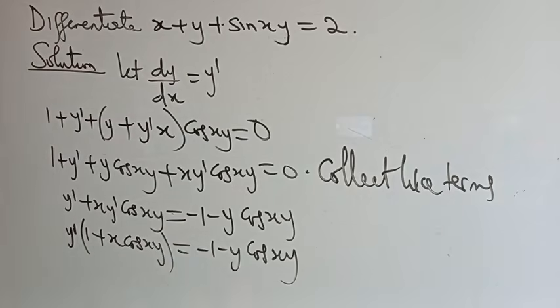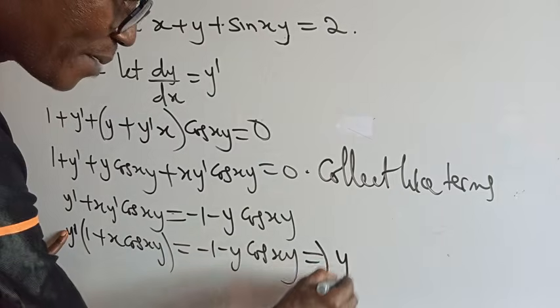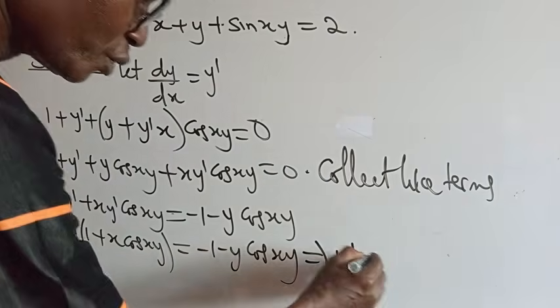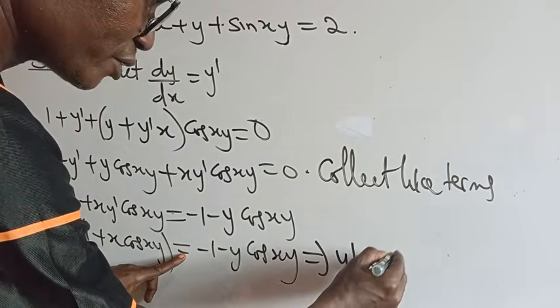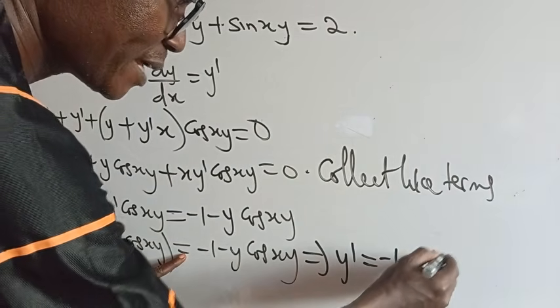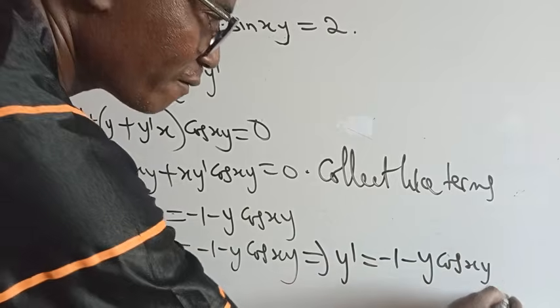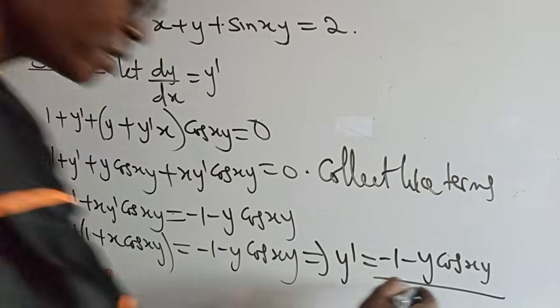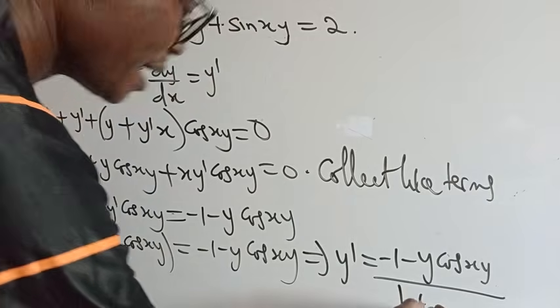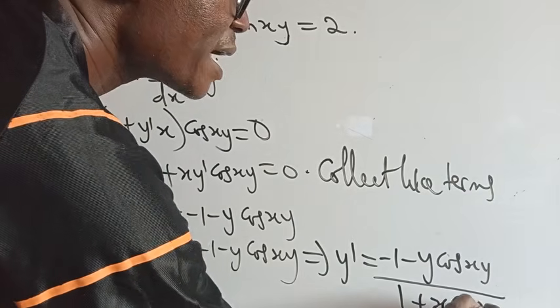So with this, what next? Just divide both sides by this to have y prime as the subject of the formula. So y prime will be equal to minus 1 minus y cos xy, all over 1 plus x cos xy.